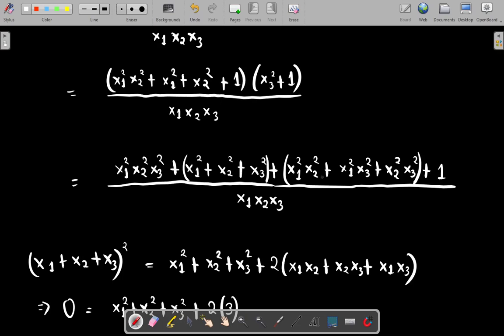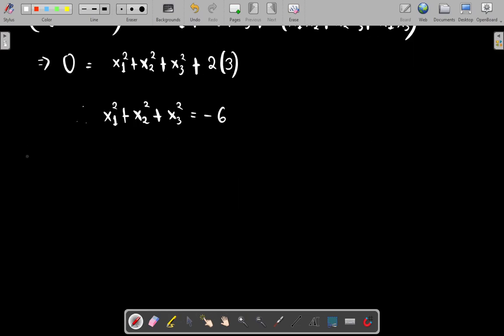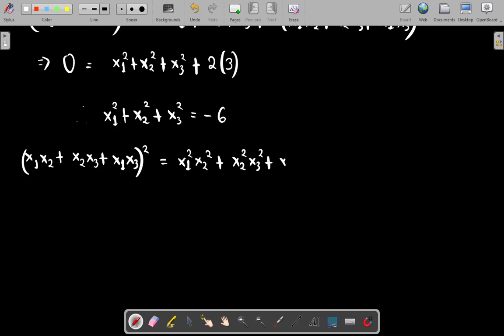Now let us find the other sum. (x1 x2 plus x2 x3 plus x1 x3) whole square will be equal to x1 square x2 square plus x2 square x3 square plus x1 square x3 square plus 2 times the products of pairs.